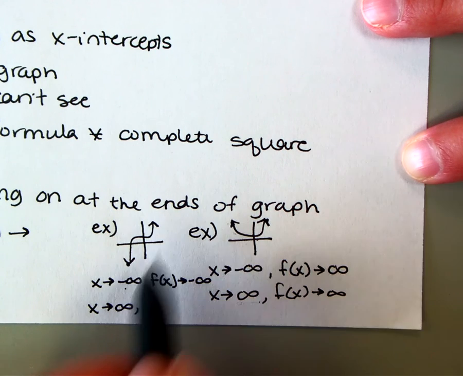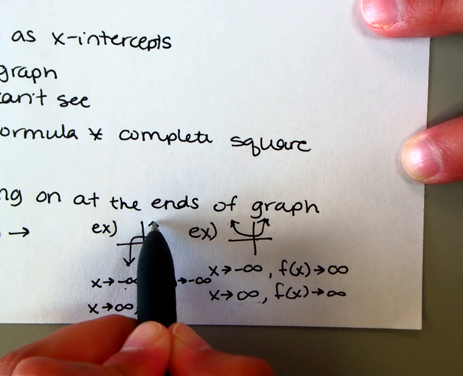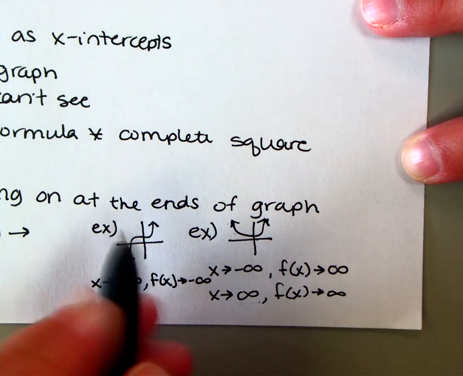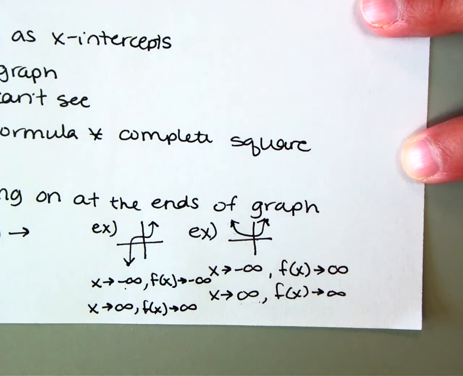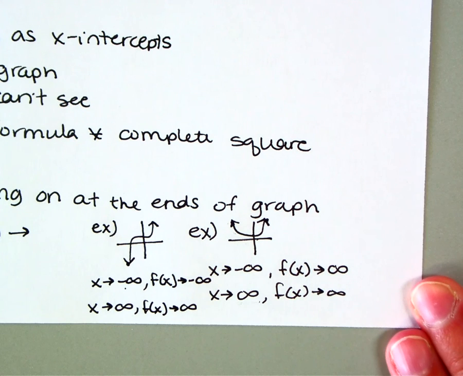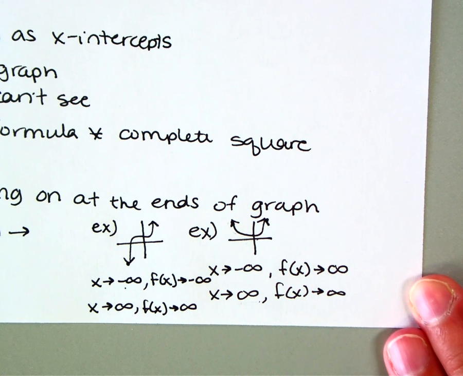And then my right side, the arrow on the right-hand side is pointed up, so f of x approaches positive infinity. And so that's a real quick explanation of all of the function characteristics, I guess you could say. And so we'll apply those to all sorts of functions.